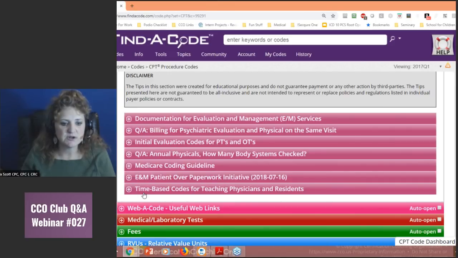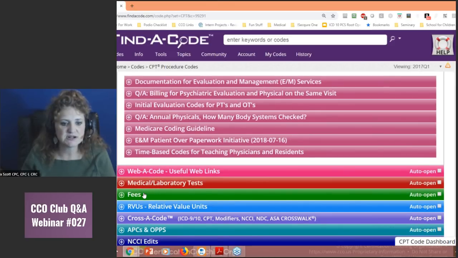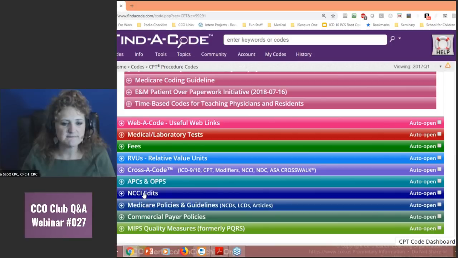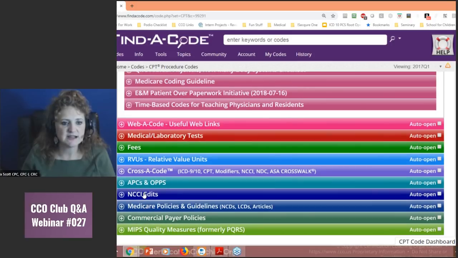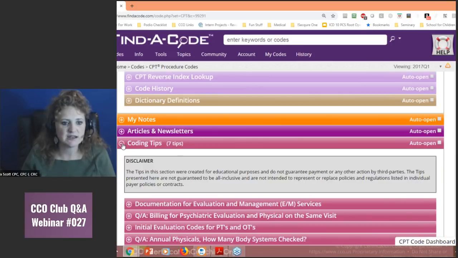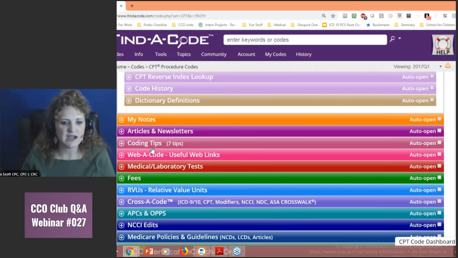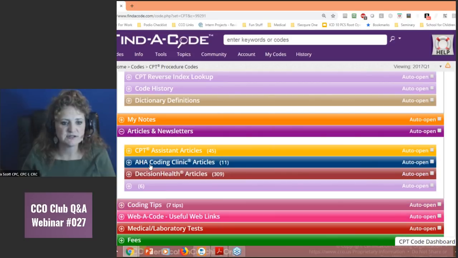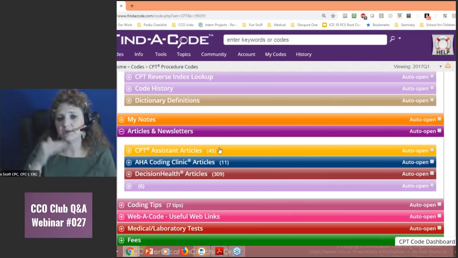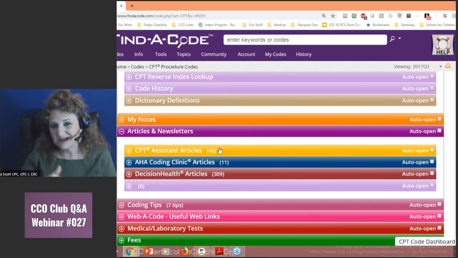Now, I also wanted to show you, not in the articles, let me get rid of that. That was coding tips, articles, a little different, right? That we went through, there's 45 in the CPT Assistant, but it goes by year. So at the top will be the most current, and it probably becomes less applicable as you go.